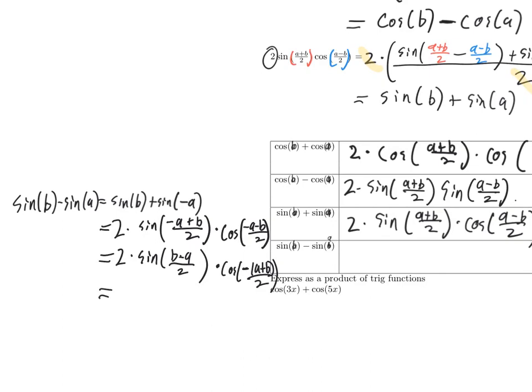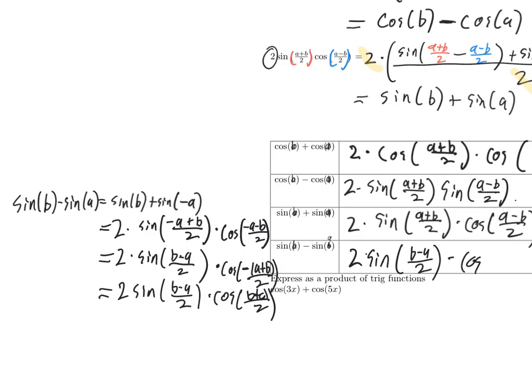Oh, but cosine is even. Cosine doesn't care about that negative. So that's 2 times the sine of b minus a all over 2 times the cosine of b plus a over 2. So what do I get when I have this difference? 2 times the sine of b minus a all over 2 times the cosine of b plus a all over 2.